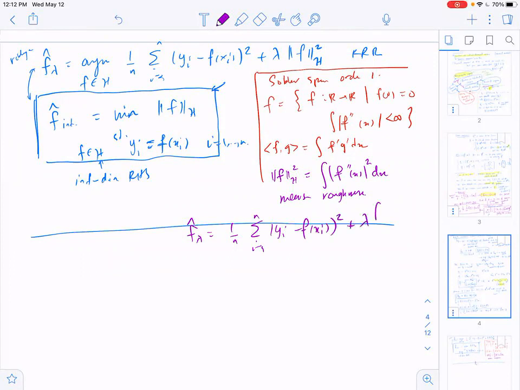So this would be the integral from 0 to 1 of f double prime squared dx. So you'll be solving this argmin.